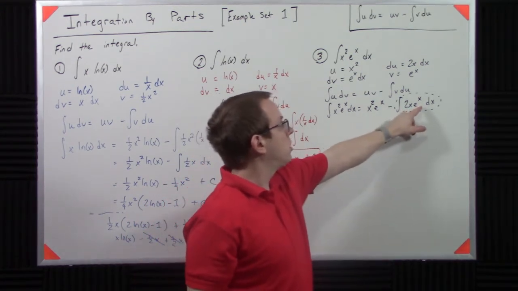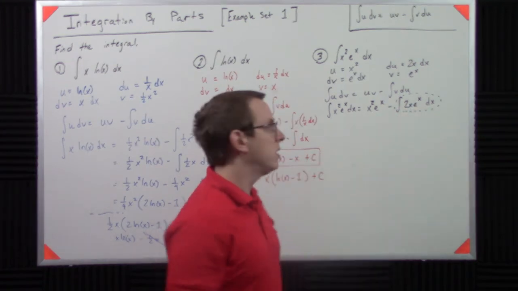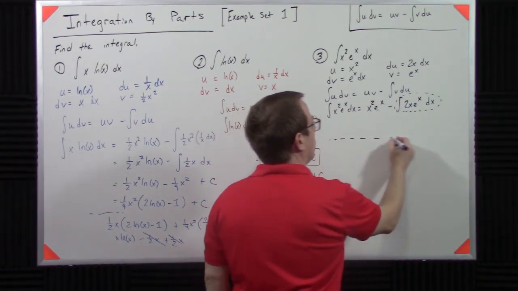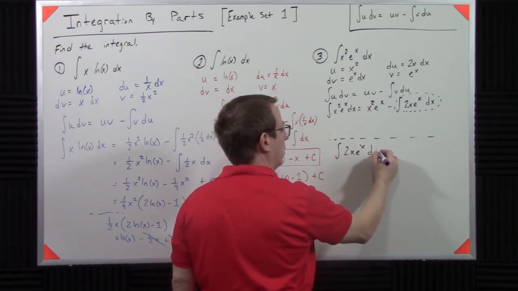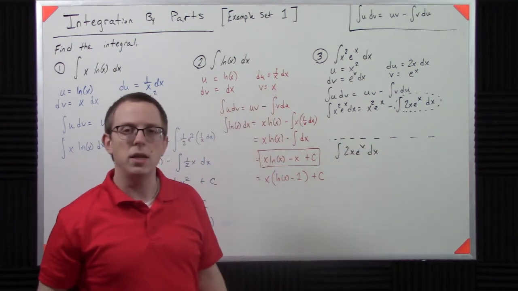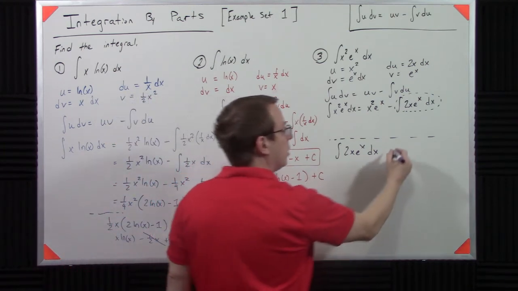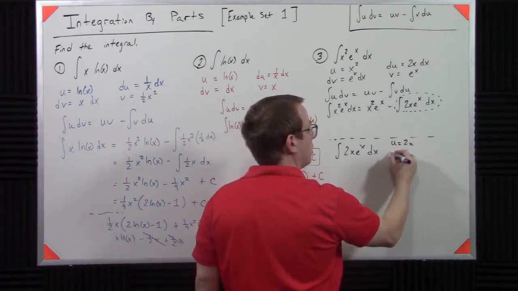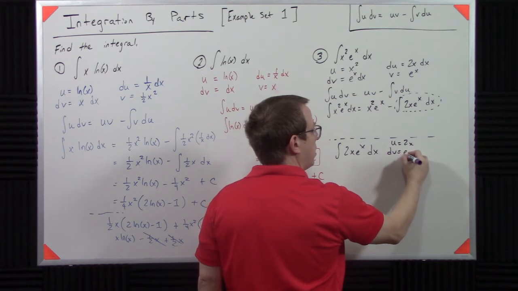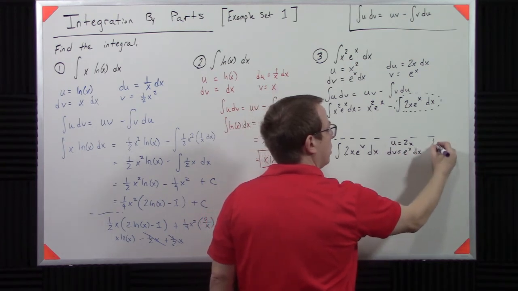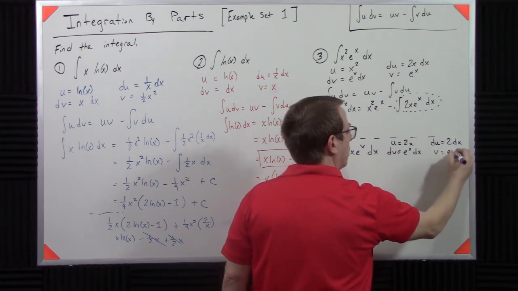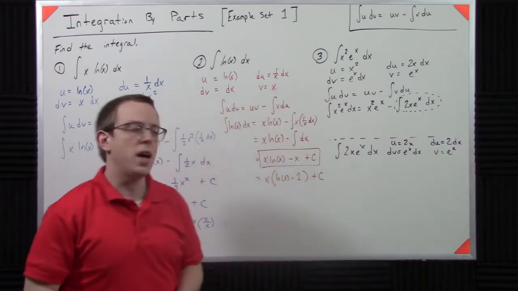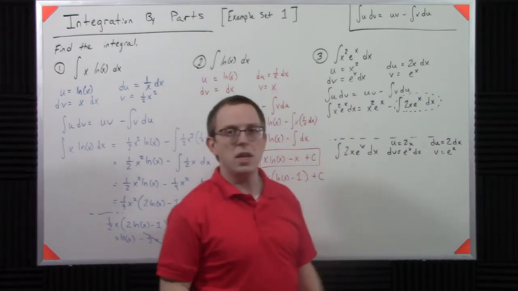So let's just, for a moment, analyze this. 2x e to the x dx. So then I would pick u to be 2x, dv e to the x dx, so du is 2 dx and v is e to the x.